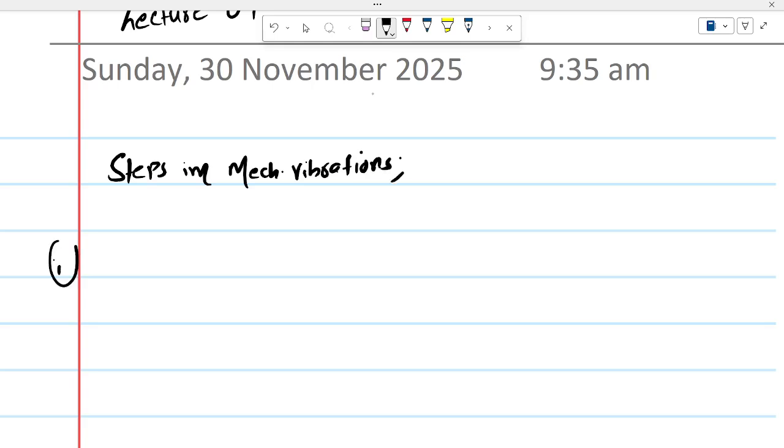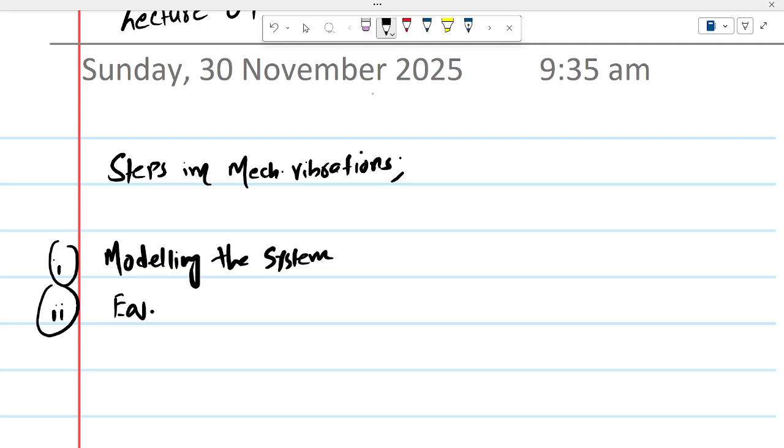The first one is modeling the system. The second one is developing the equation of motion. From now on I will just call it EOM, so you should understand that EOM is the equation of motion. And the third step is the solution of the EOM.